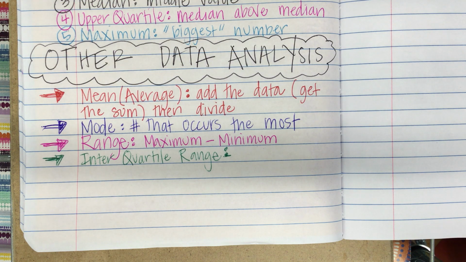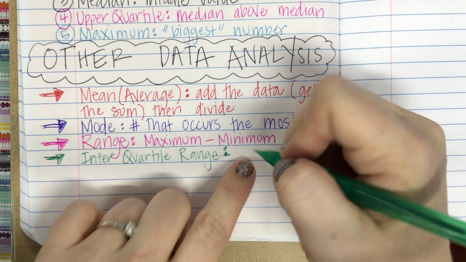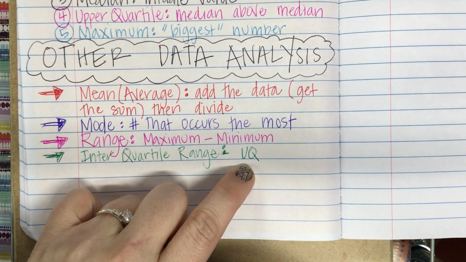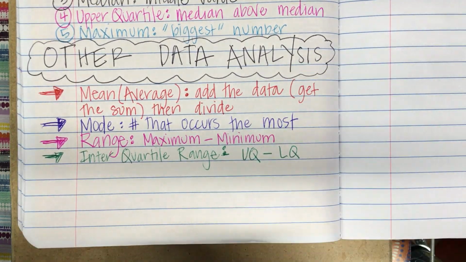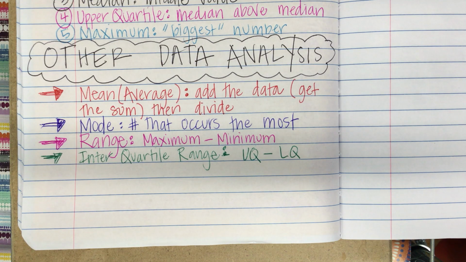From like the 1/4 to like the 3/4. So it is the upper quartile minus the lower quartile. It's the middle half of the data. If I have my quartiles, there's 4 sets of data. The interquartile range is the middle part of the data.